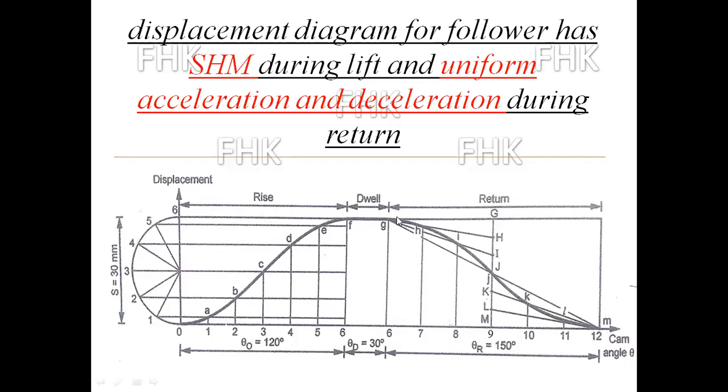From top left corner, join point capital J. In this way, draw 3 lines for acceleration, and for retardation, from the right bottom corner, draw a line joining point 12 and this capital J. From point 12, join point K with a straight line. From point 12, join capital L, and from point 12, join capital M.